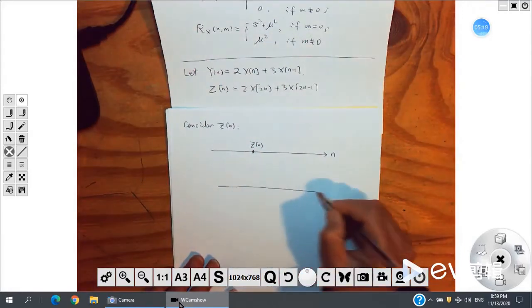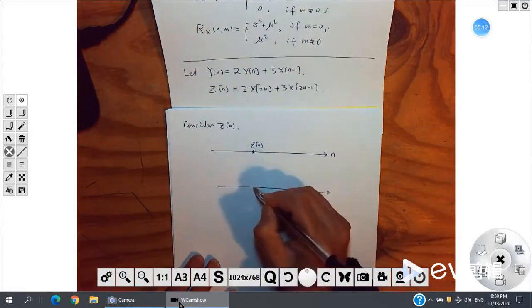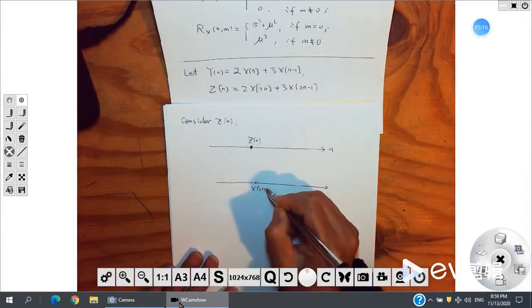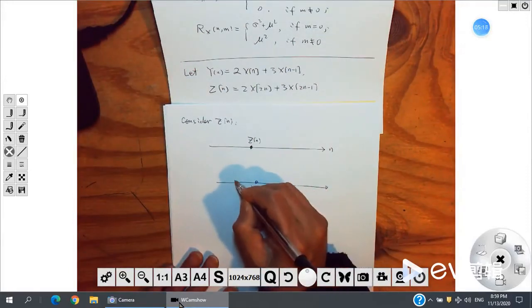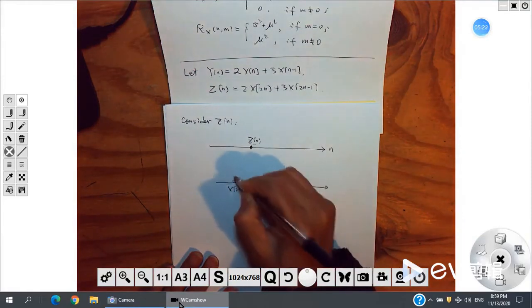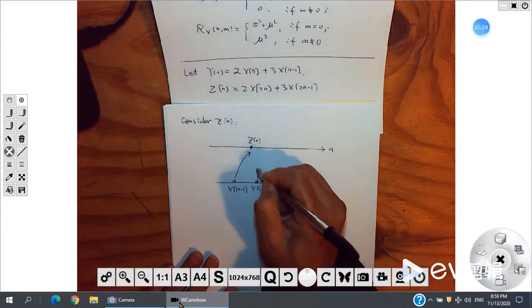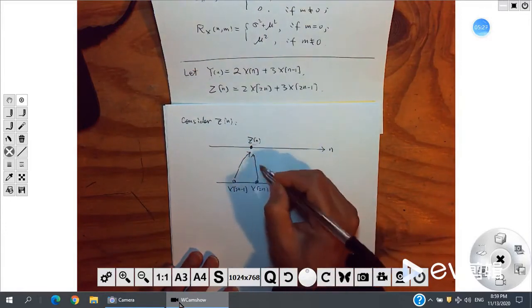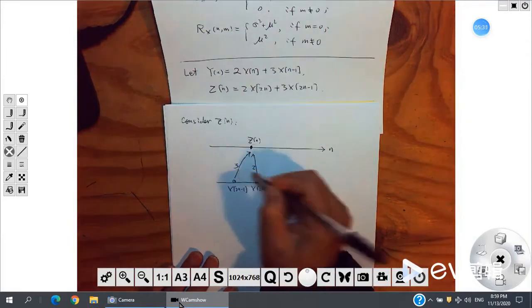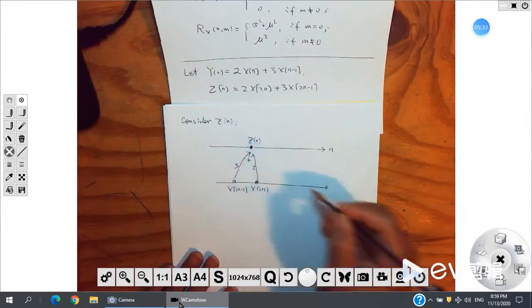And what is z of n? It is the summation of x of 2n and x of 2n minus 1. 2n I need times 2, and 2n minus 1 I need times 3. Then do a summation, I have z of n.